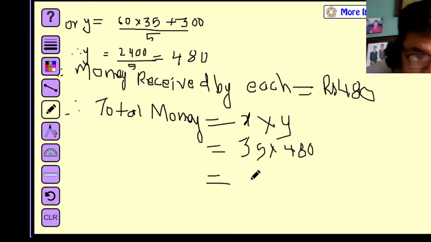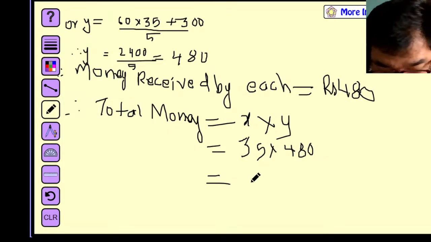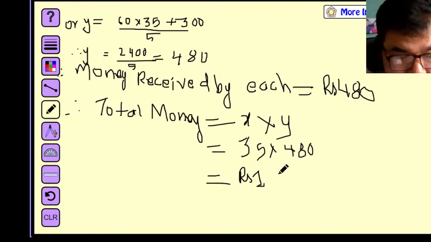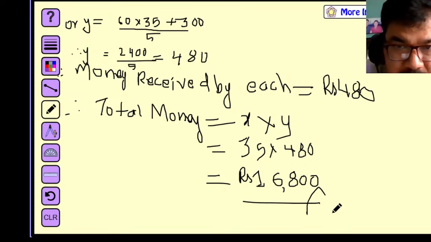Then when we multiply 35 into 480, the answer comes to 16,800 rupees. This much total money was divided. This is our answer.